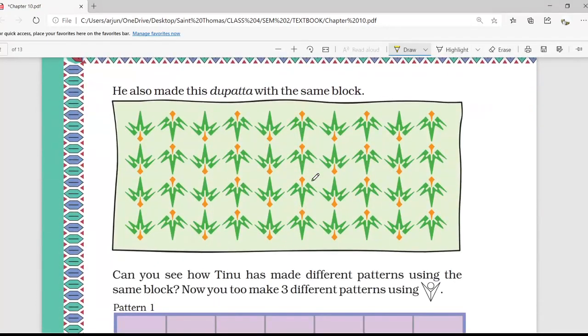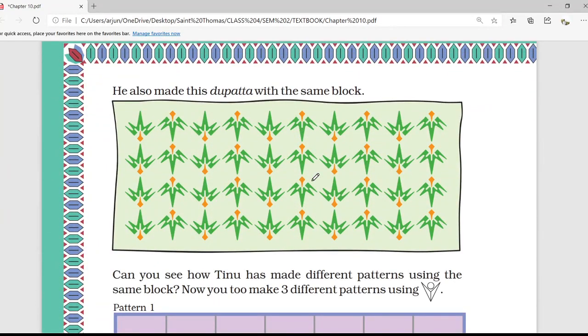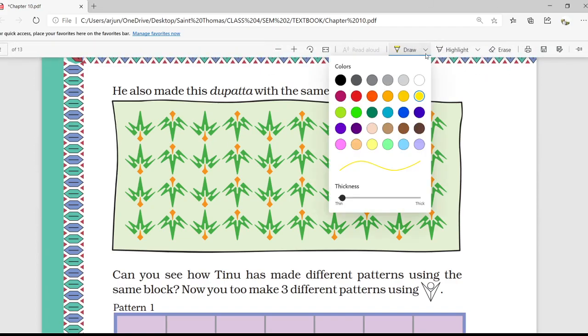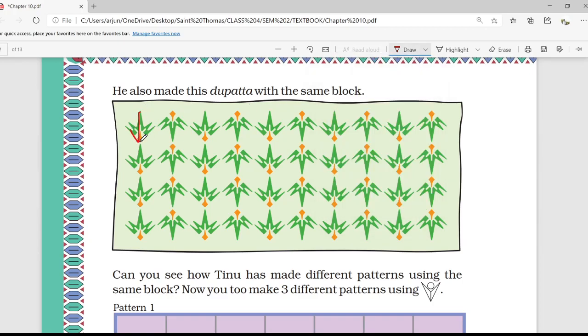Moving further, he also made this dupatta with the same block. Let's see which type of pattern or which direction they have used. See, here one is in downward direction, then one is in upward direction, then again downward, then upward, and so it goes on.